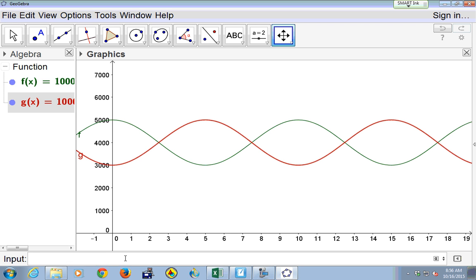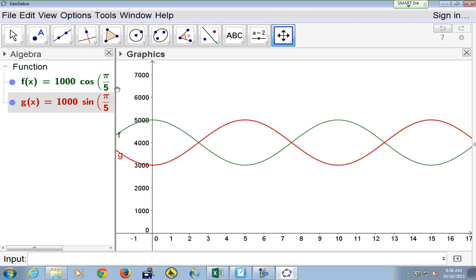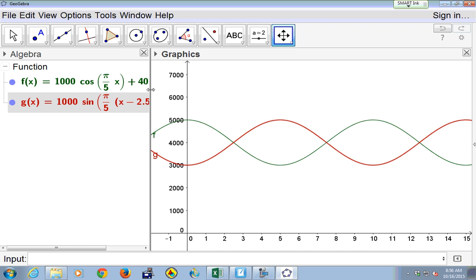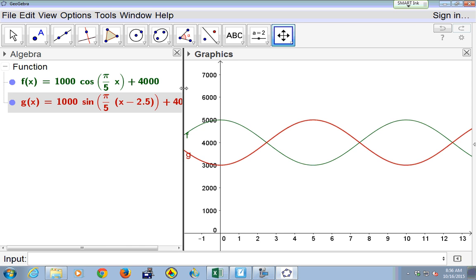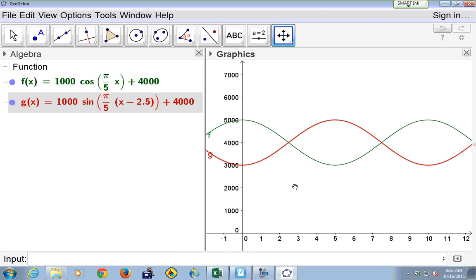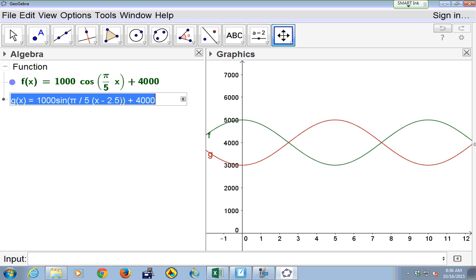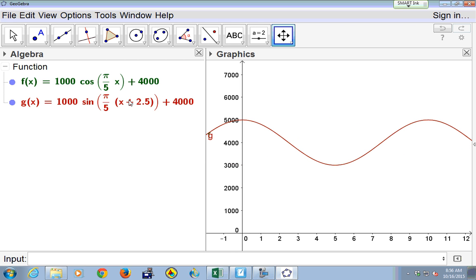Oh, looks like I made a mistake. They're not the same. The shift, did I go the wrong way with the shift? Yeah, maybe. Let's see what happens if I make plus 2.5. Now they're the same. Okay, so I messed up.